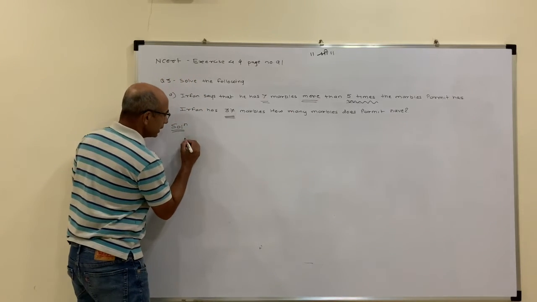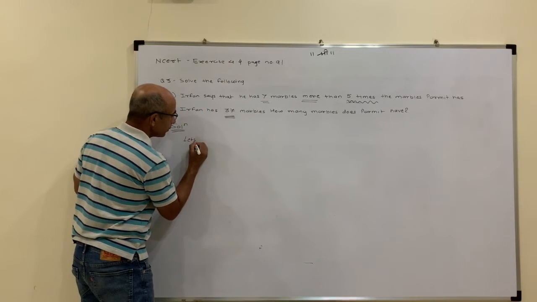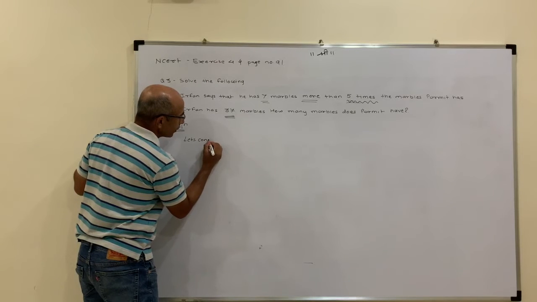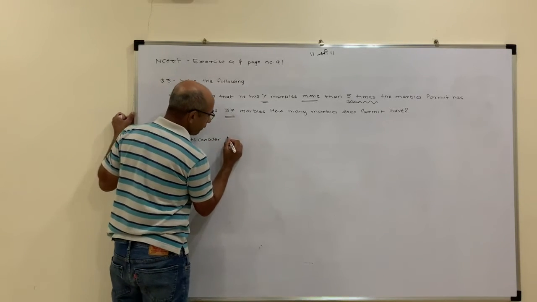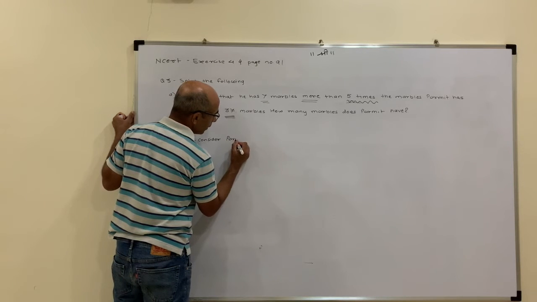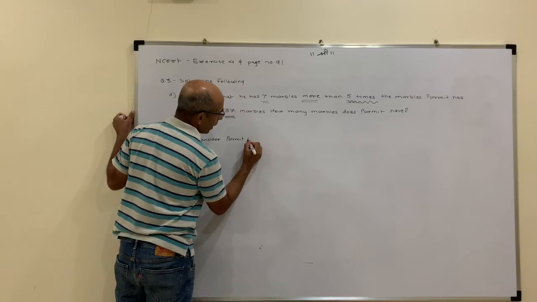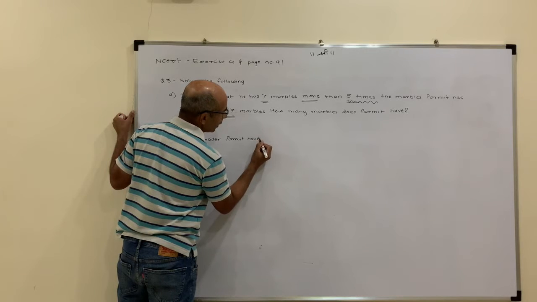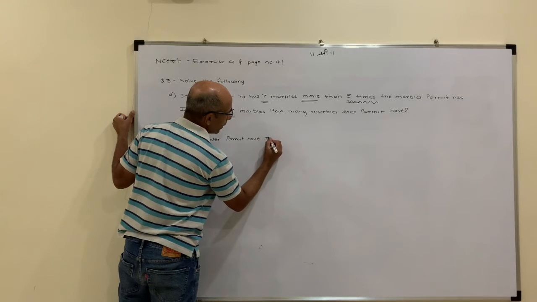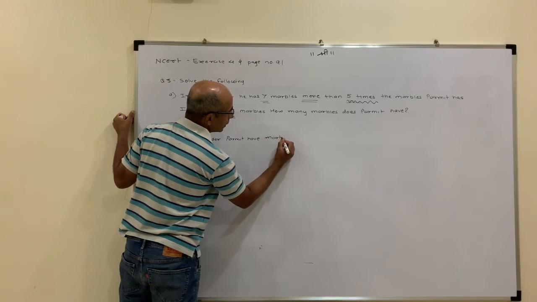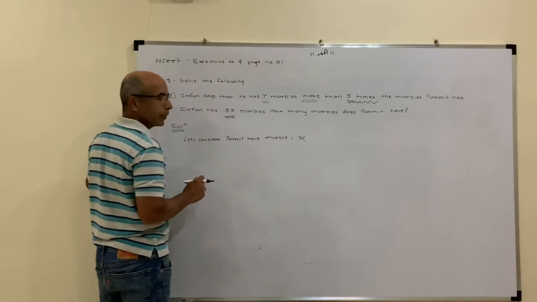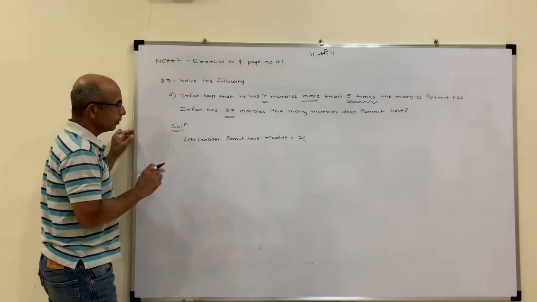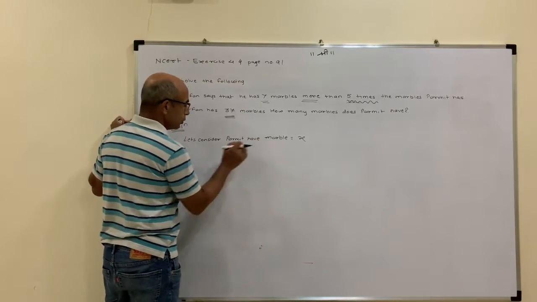So now we say let's consider Paramit have marbles equals to x. Yes, the number of marbles Paramit has is equal to x.